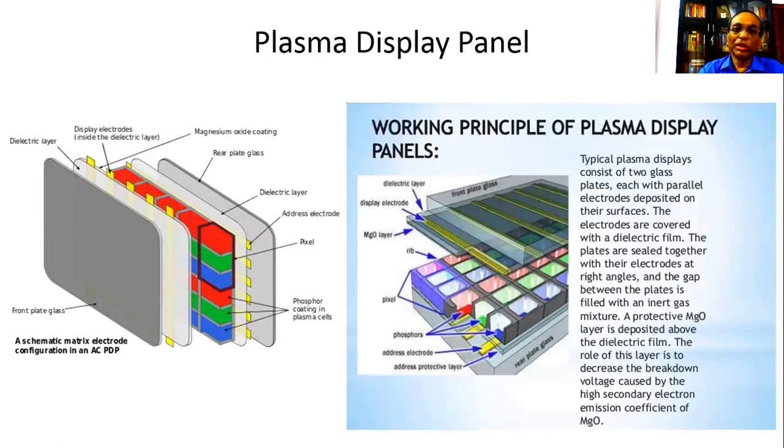Then the remaining one is the plasma display, which looks very much different from the LCD display because this plasma thing is coming into the picture. Its construction is a bit different.